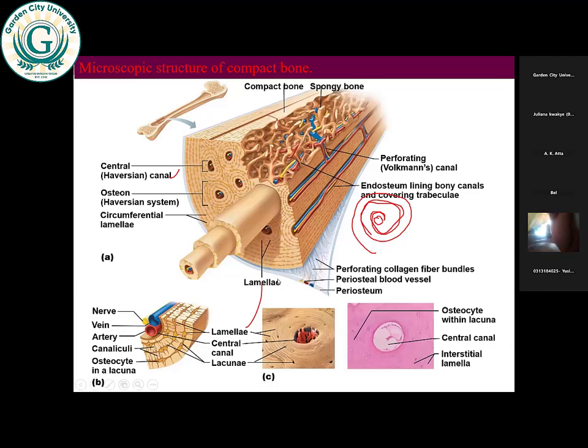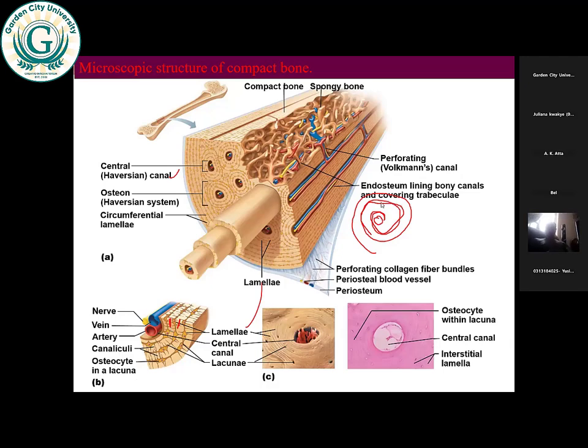Then, of course, in between there will be bone cells. You see, they are showing us bone cells. So in this image here, this side here that I'm showing are the lamellae. Then there's going to be bone cells.